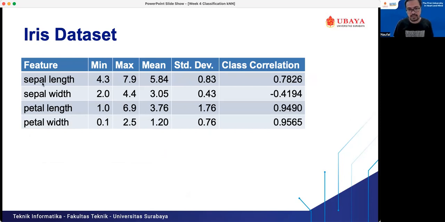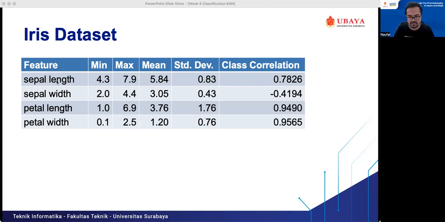For example, sepal length has a class correlation of 0.7826. This is a positive number, so it means sepal length is directly proportional with the class.